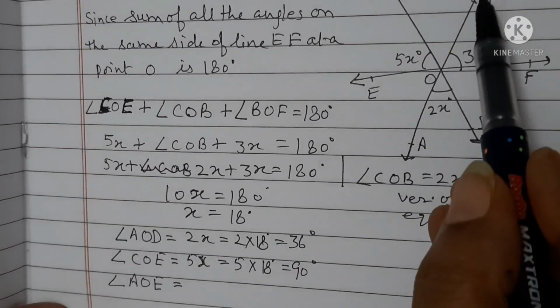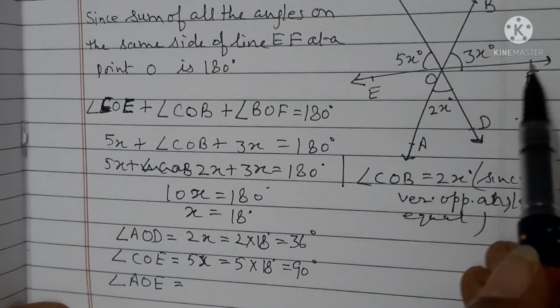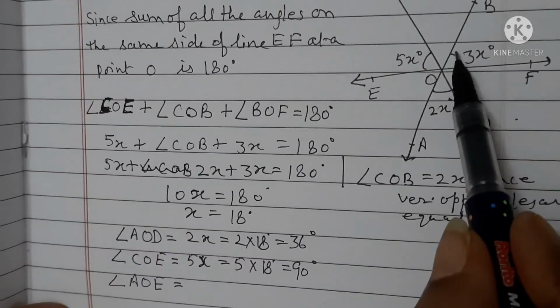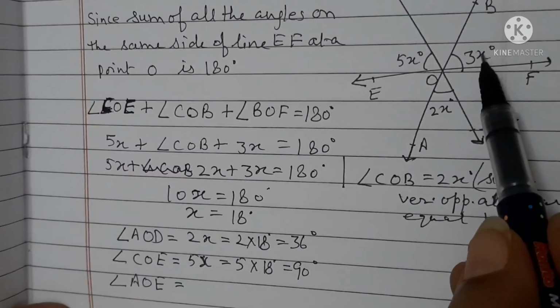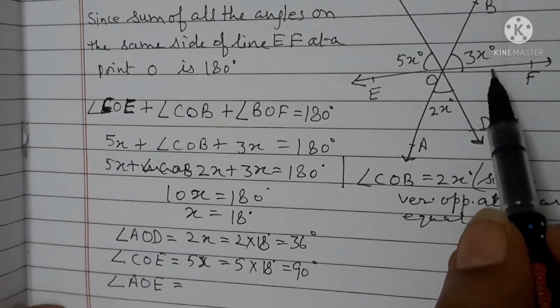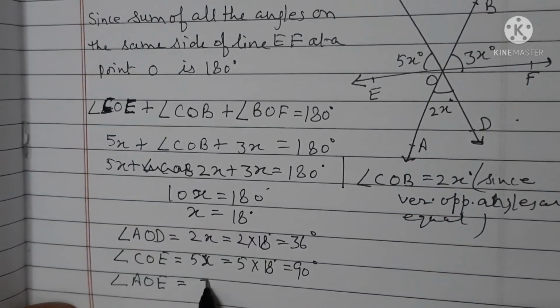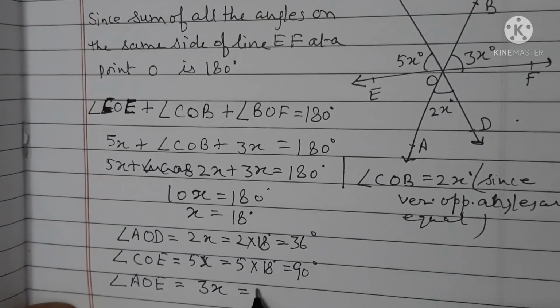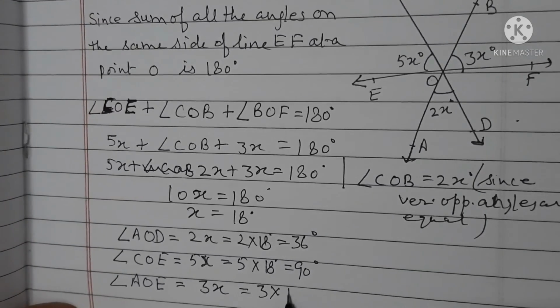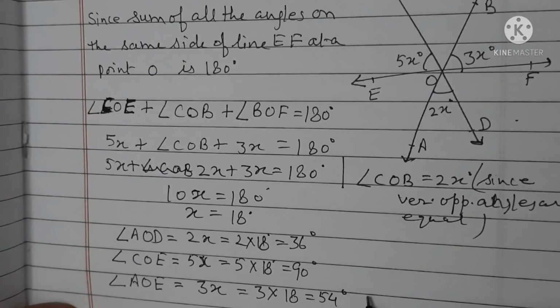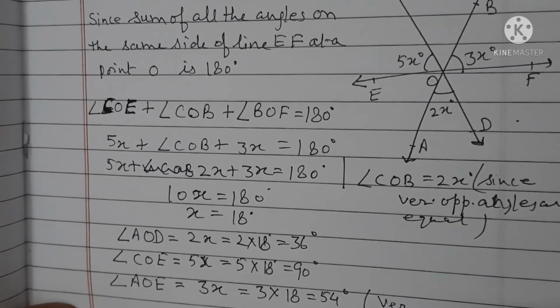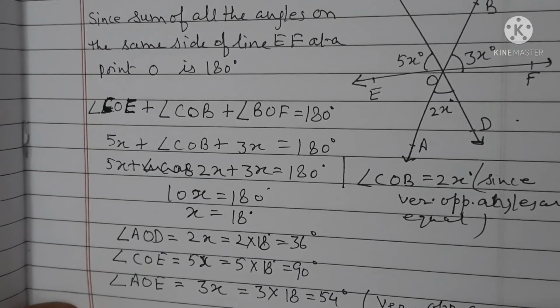See, this is one line and this is another line, and both form the opposite angles, vertically opposite. So this becomes 3x. It means 3 into 18, which is 54 degrees, and right here vertically opposite angles are equal.